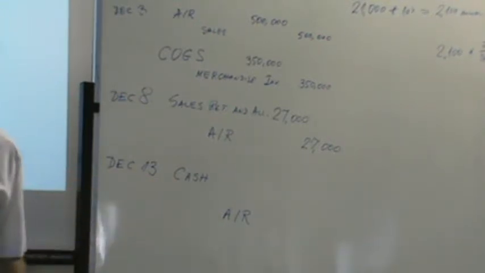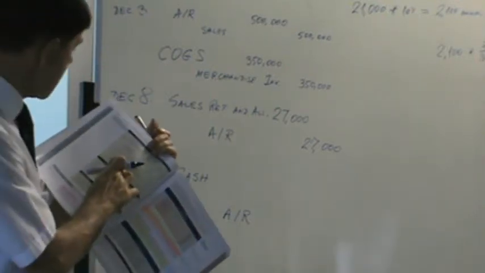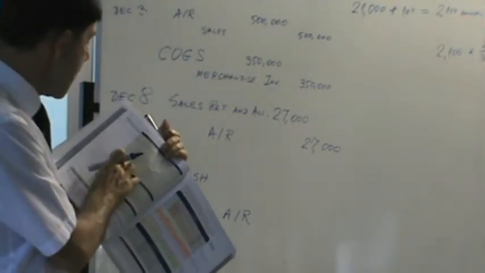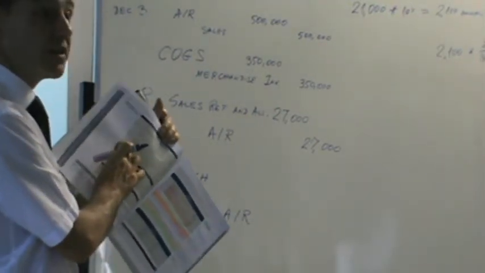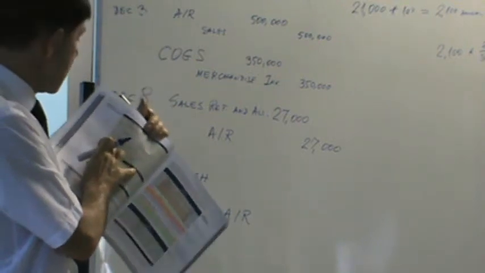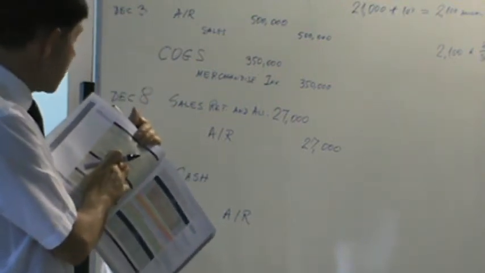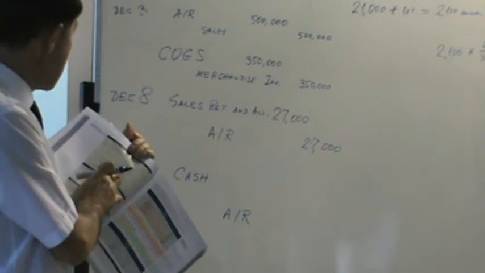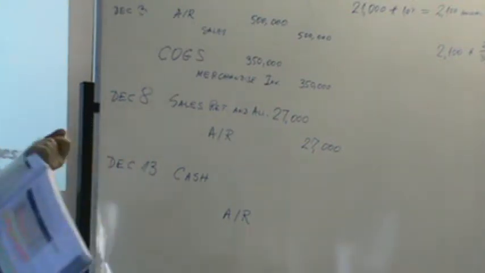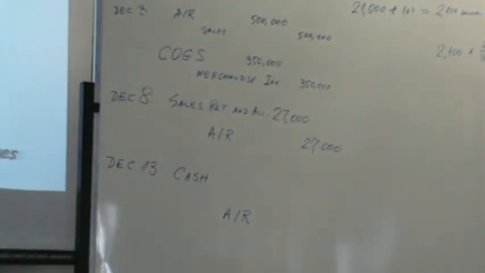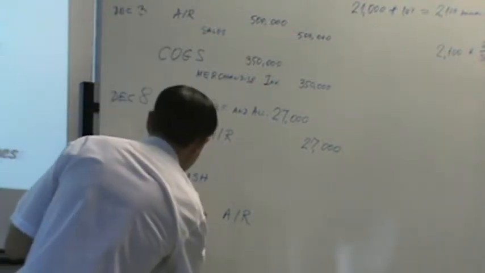Let's see now for a discount for payment. You see receiving payment within the discount period. It's here on sales, and it says debit cash, debit sales discount, credit account receivable.